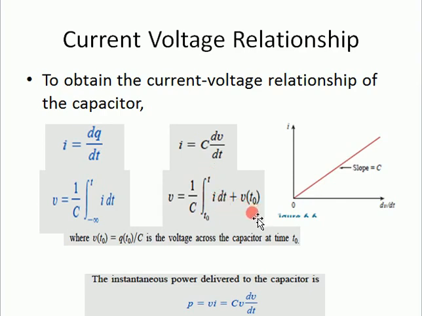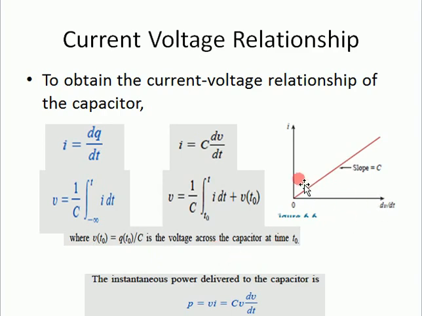Now the question is, what is this V t naught? Here V t naught is equal to Q t naught over C. Now what is this Q t naught? This is the charge at the time t naught. So basically V t naught is the voltage across the capacitor at time t naught.